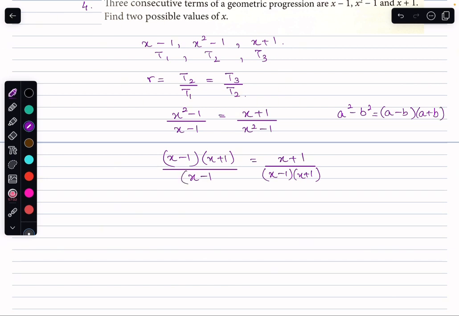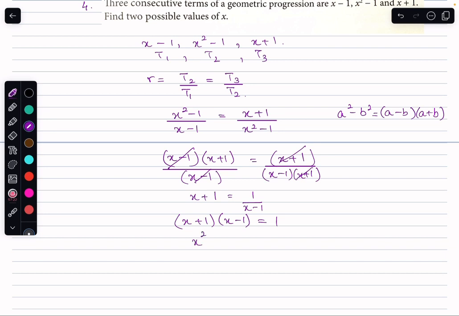So x minus 1 gets simplified, x plus 1 here also gets simplified. I am left here with x plus 1 equals 1 over x minus 1. So x plus 1 and x minus 1, again this is a plus b and a minus b.